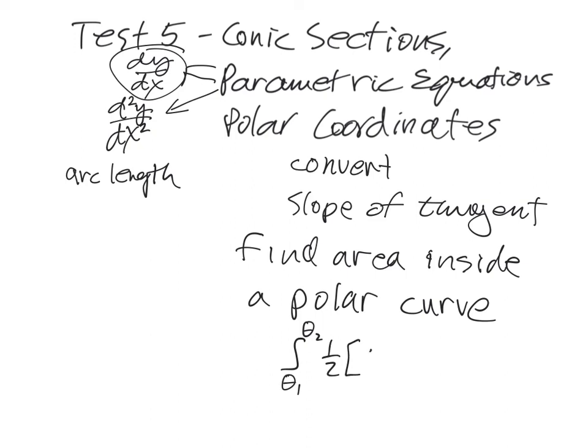Okay, 1/2 r squared d theta. So don't forget that. I know you get to that point and you're like, but make sure you have that down on your note card, and that should help.